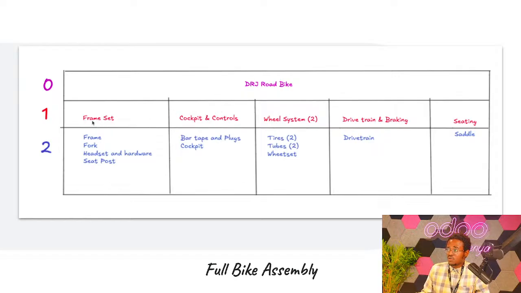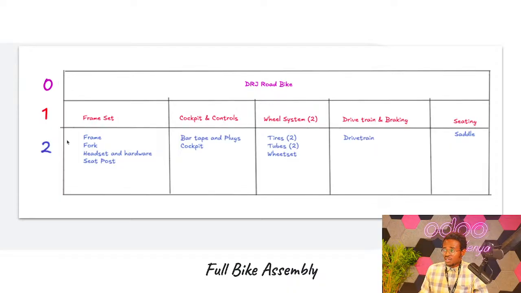In this case, you'll have the frame set, the cockpit and controls, wheel system, drivetrain and braking, and also seating. But for you to have the sub-assemblies, you will have to have the individual components. And so we usually have 3 levels of MPSs: level 2, level 1, and level 0.